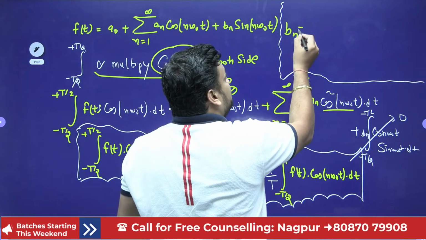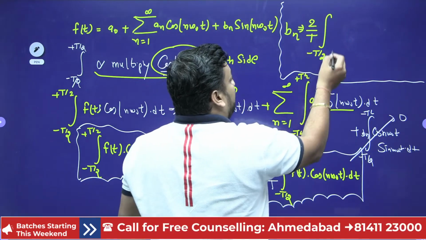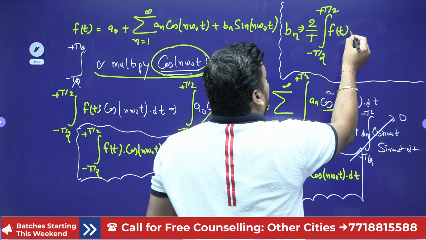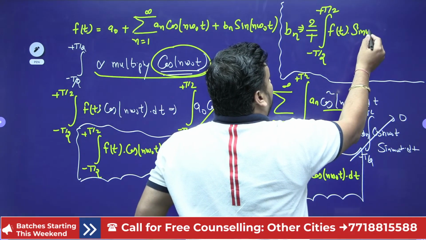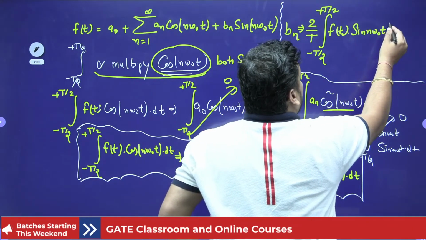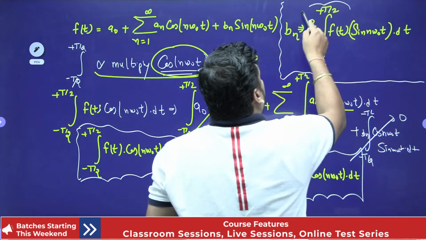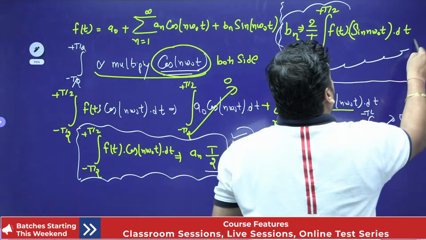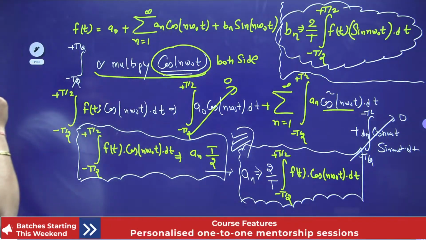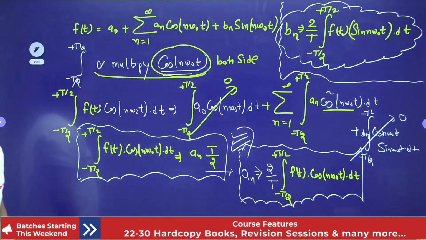The bn formula is nothing but 2 by T integration of minus T by 2 to plus T by 2, this time I should write f(t) into sine of n omega 0 t into dt. So the bn value is 2 by T, integral from minus T by 2 to plus T by 2, f(t) sine n omega 0 t dt. So these all are the Fourier series coefficients.